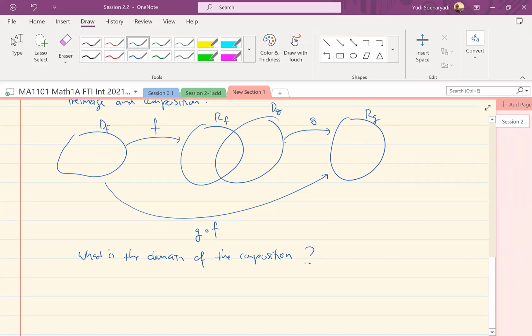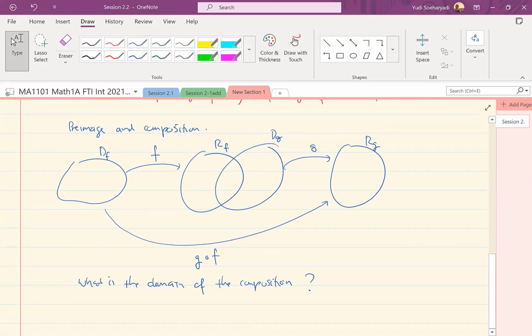So in this case, let's see. The problem is that if you go from here, for example, and land here, and then by G you come to RG.